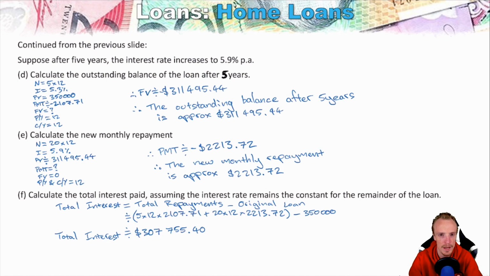If you're taking out a loan that is really stretching your budget, if that interest rate suddenly increases, are you going to be able to afford it? And if you're not, you might have to reconsider whether that loan that you're wanting to take is the right loan for you. But I guess that wraps it up for this video in how we go about calculating home loans and how you go about calculating the total interest if things change partway through the loan.